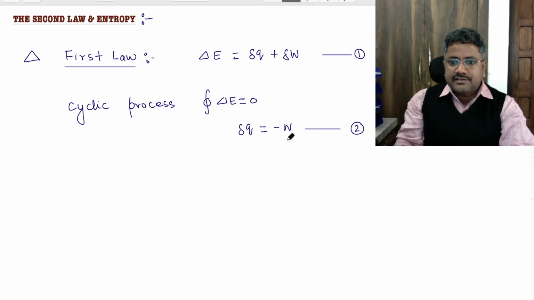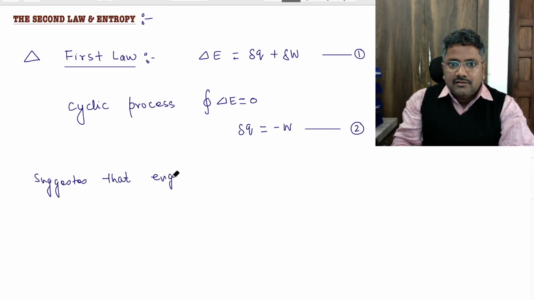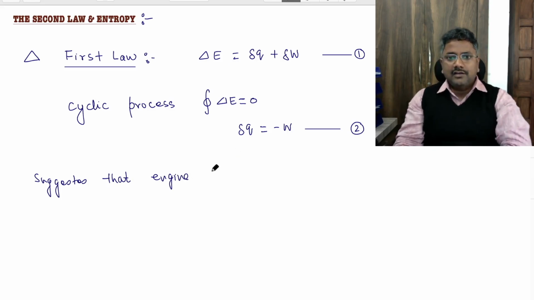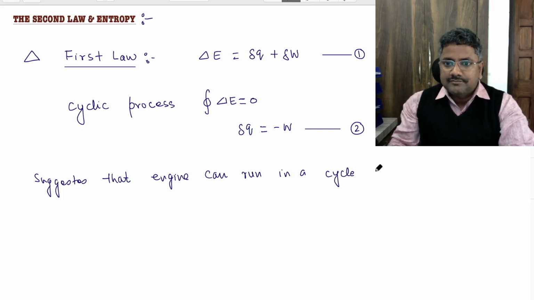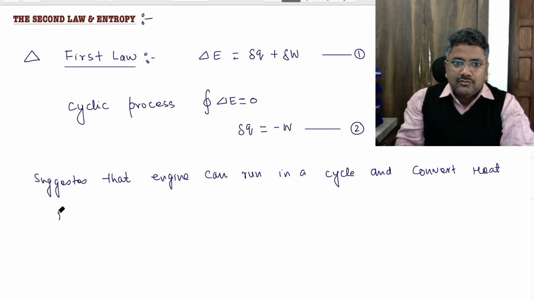First law suggests that any engine can run in a cycle and convert heat to work completely.